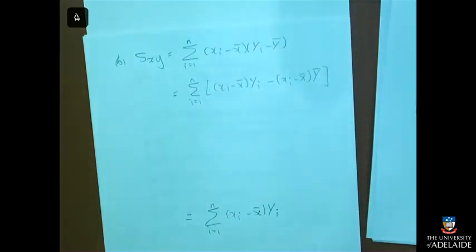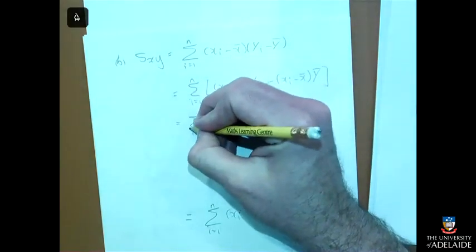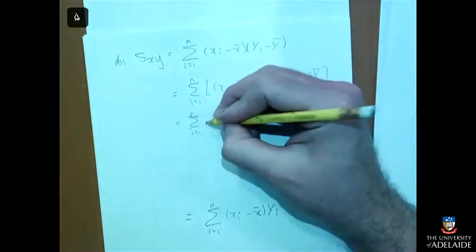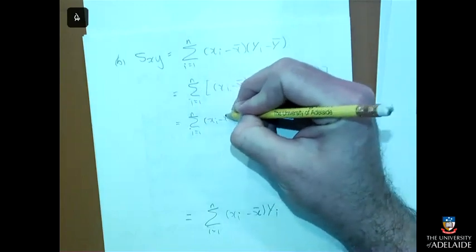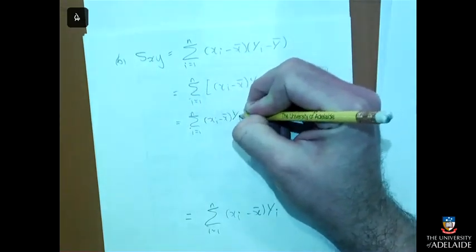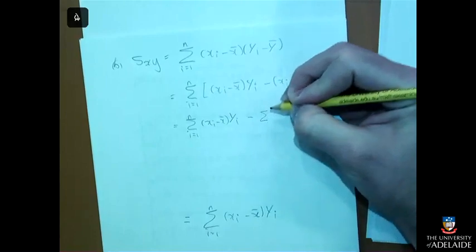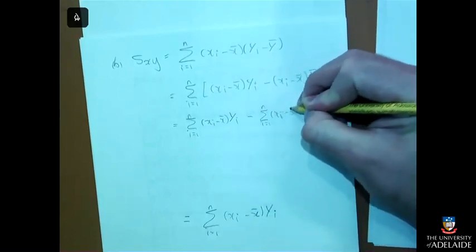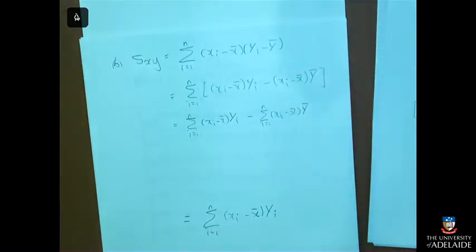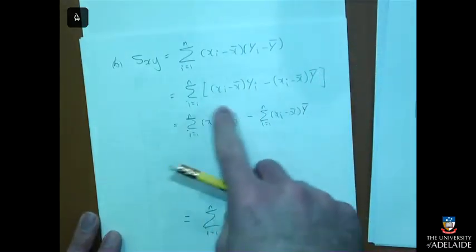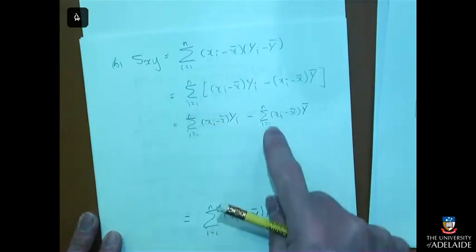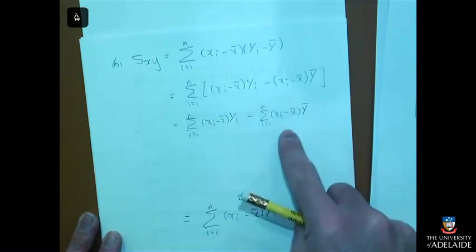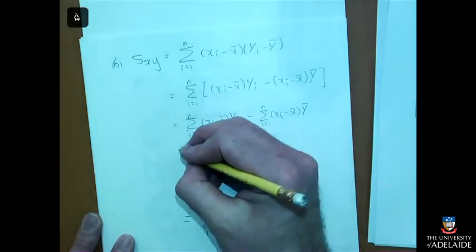Okay, and then the rules of sum say that I can do these two pieces separately, like that. And this is the thing I want. So I'm hoping that this is 0.